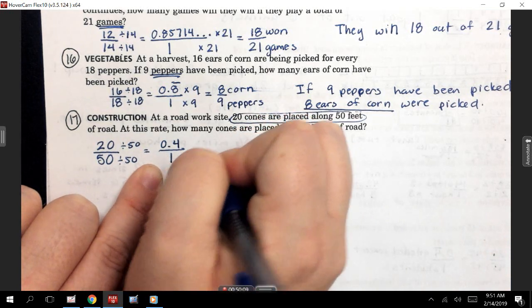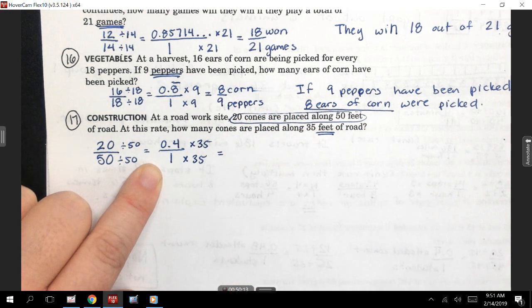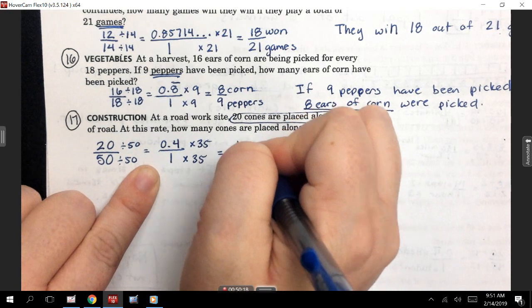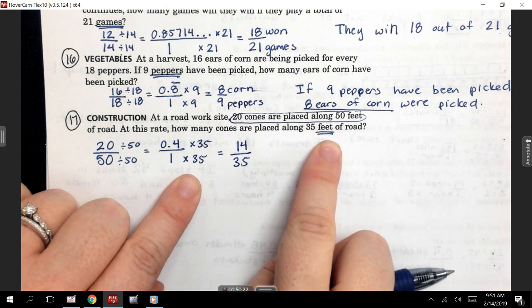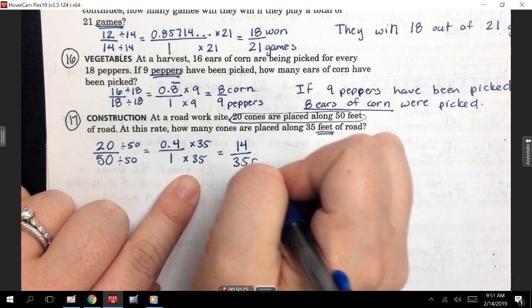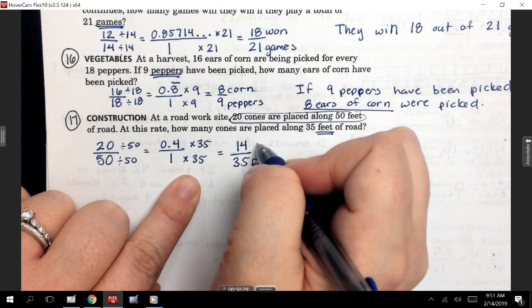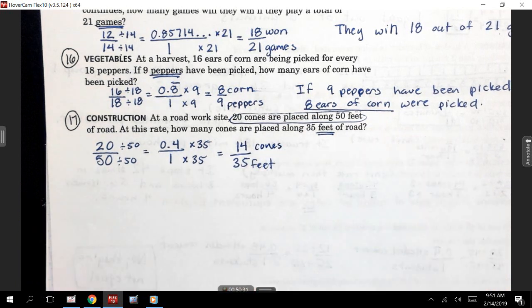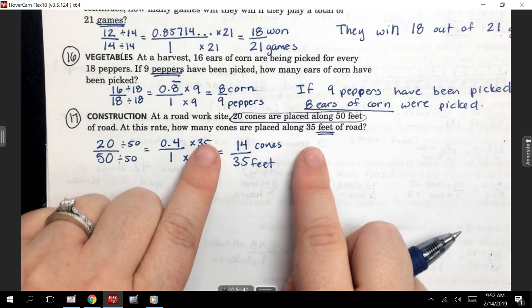So I'm going to do times 35. 0.4 times 35 gives me 14 over 35. 35 was talking about feet of road, so I'm going to put feet. And then 14 must be talking about the cones that are going on the road. So those cones that are on the road when they're doing construction, like we have out here on that Thompson Road. All right. So how many cones are placed along 35 feet of road?